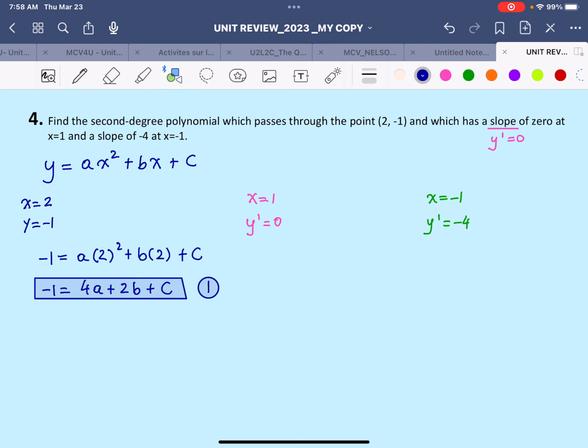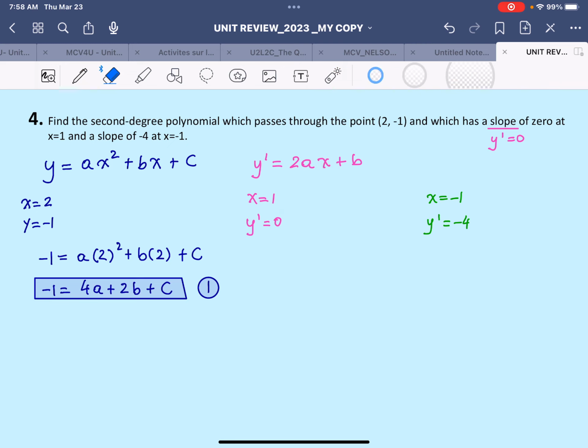So at x equals 1, the derivative will be 0, which means that we now have to deal with the derivative of this function. So let's find the equation of the derivative. So this is y, so that means y prime would be equal to 2ax plus b. So 2ax plus b means now that when x equals 1 here, y prime will be 0.